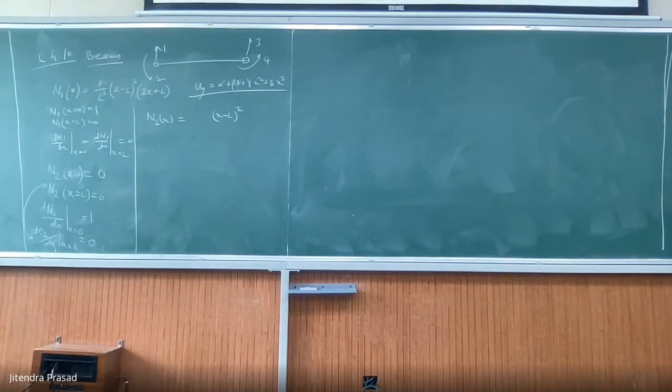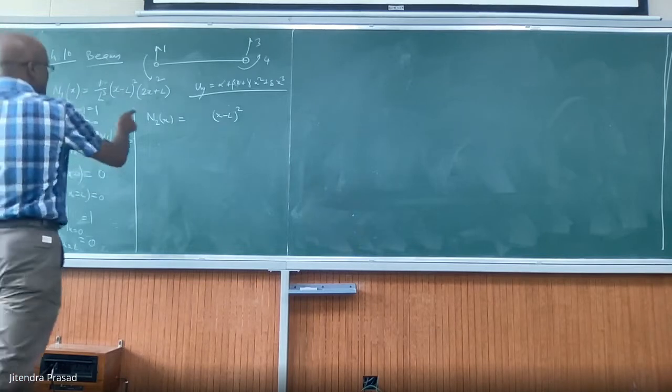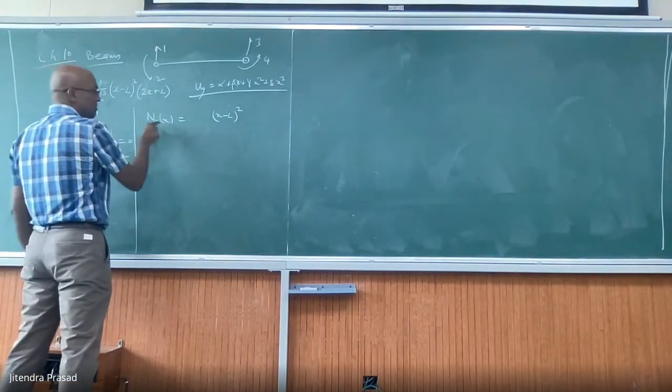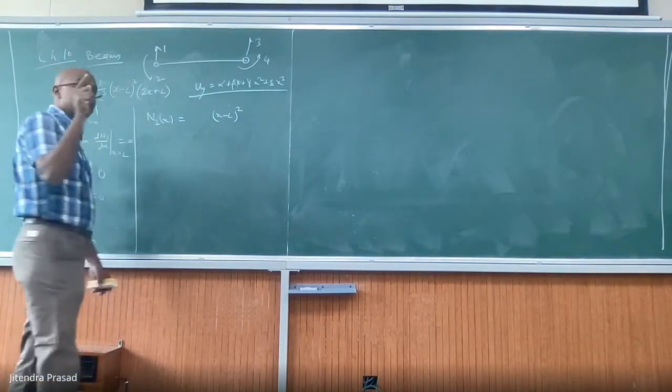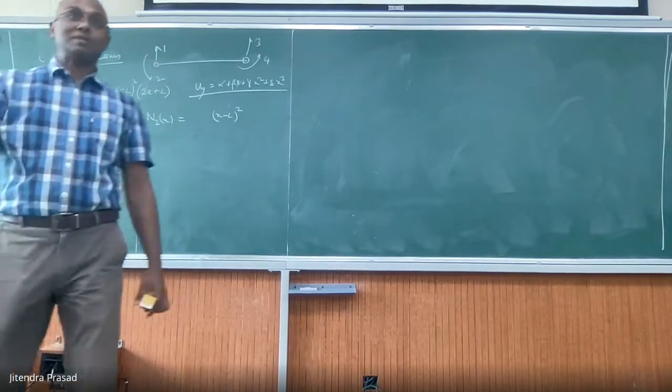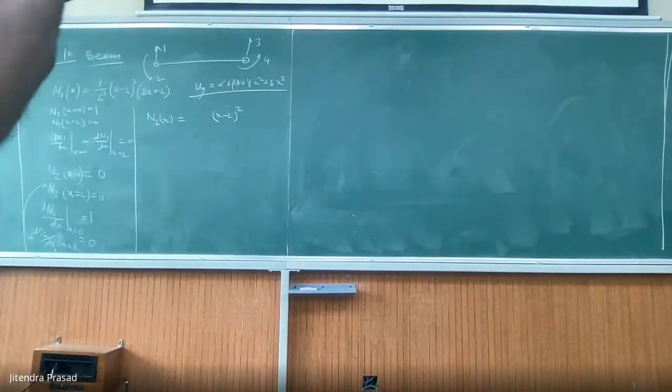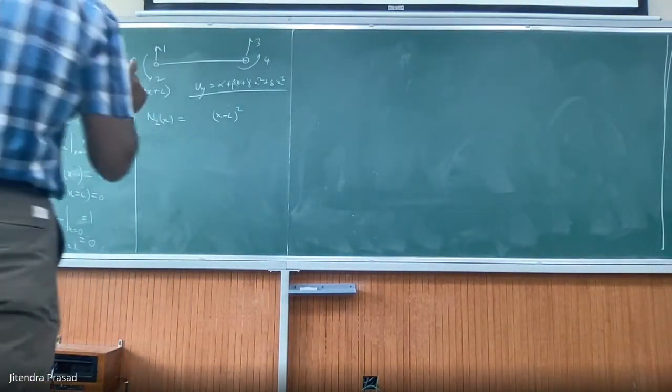It has a double root. X equal to L is the double root, meaning that this is a root of N2 and also a root of the derivative of N2 with respect to x. Both of them have a root at x equal to L.